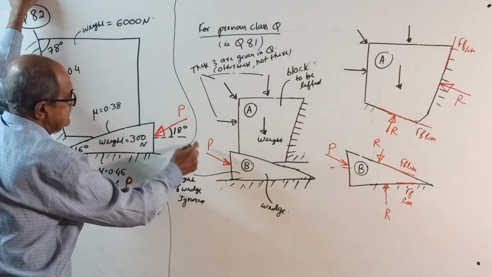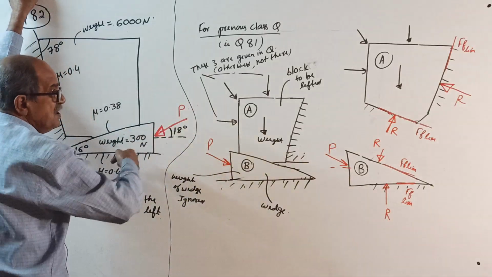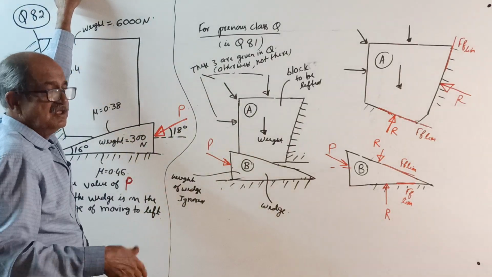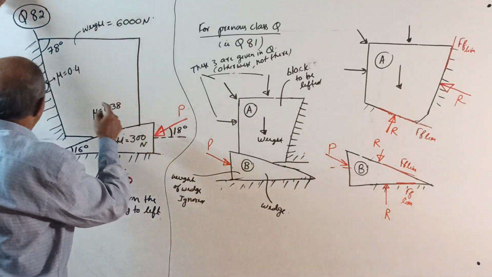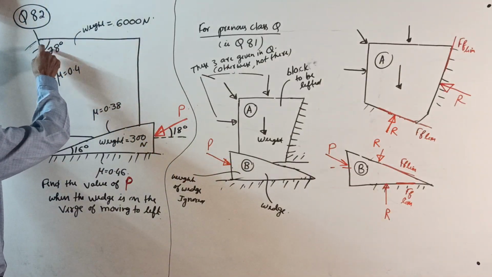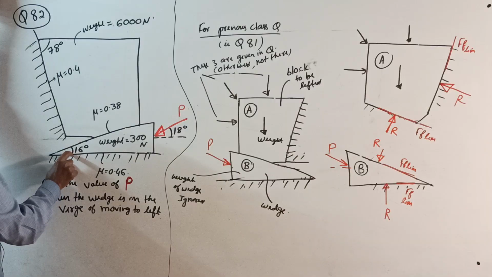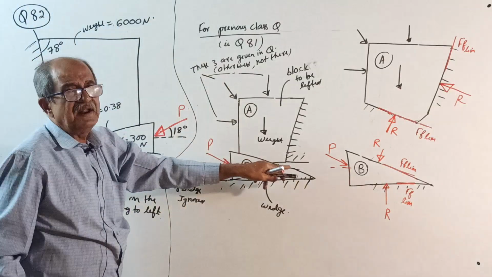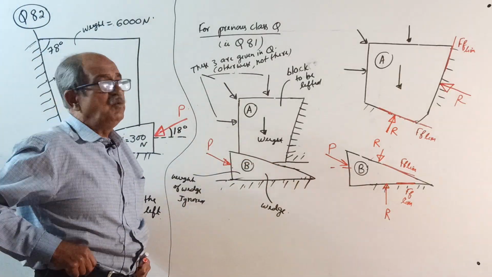The angle changed. Last time inclined P, today also inclined P. Usually most questions give horizontal P. No problem. It is 18 degrees, this is 78 degrees, and this is 16 degrees. Last time it was some other angle. Angles are not required now; you can account for them when you calculate.